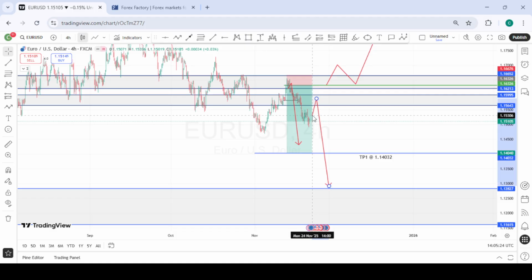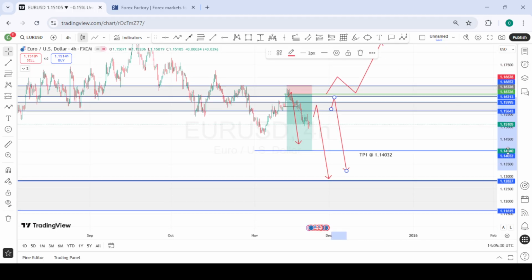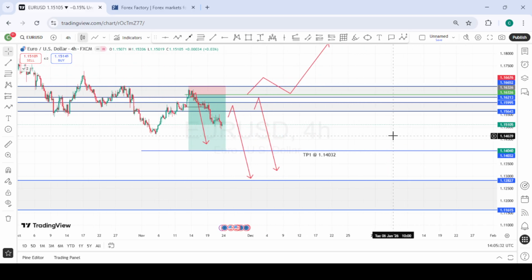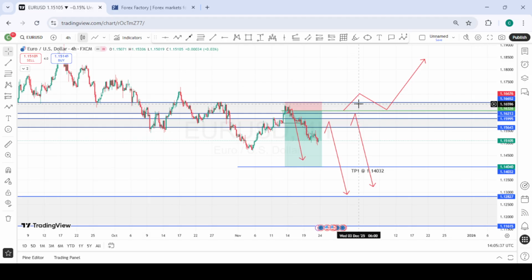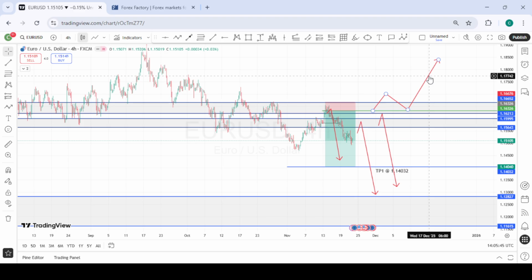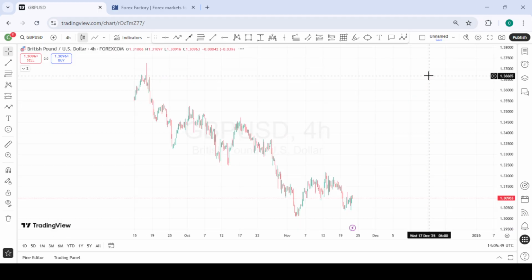Should price also pull back a bit higher out of this zone, we'll still be looking out for selling opportunities to continue the sales to the downside for EURUSD. This can only shift bullish if price breaks or clears these highs or this zone to the upside and comes for a pullback and continues to the upside. Until then, we are extremely bearish for EURUSD.